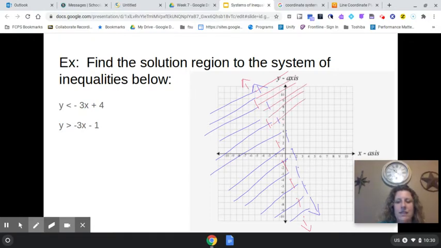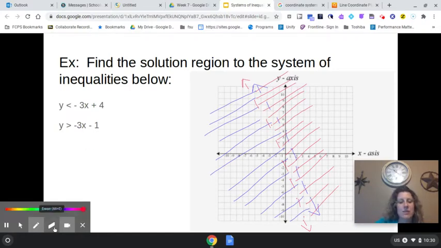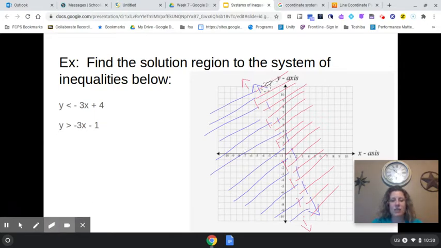Okay, this one it's a little bit more difficult to see the overlapping area because it's not very big. However, they are overlapping in that small little area between the two parallel lines. So again, if I clean this up a bit, I'm going to erase anything that's only shaded in red, so that is anything above that blue dotted line.